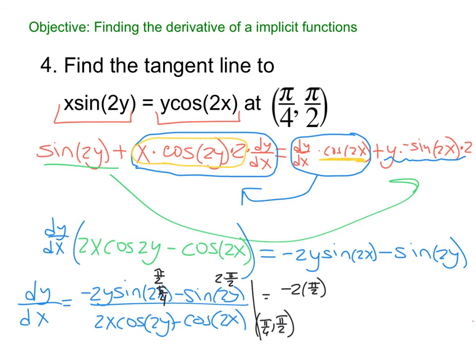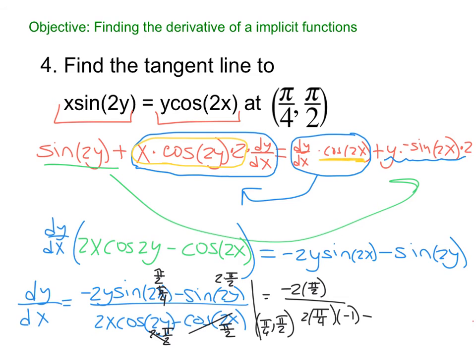I'm just going to simplify it. Over 2x, so 2 pi over 4, cosine of 2 times pi over 2. So that's cosine of pi. Cosine of pi is negative 1, minus cosine of pi over 2. That's 0.